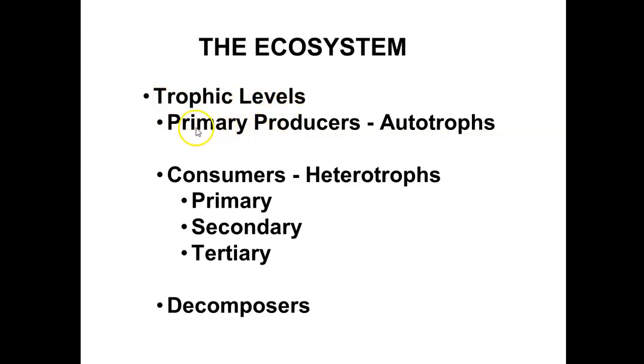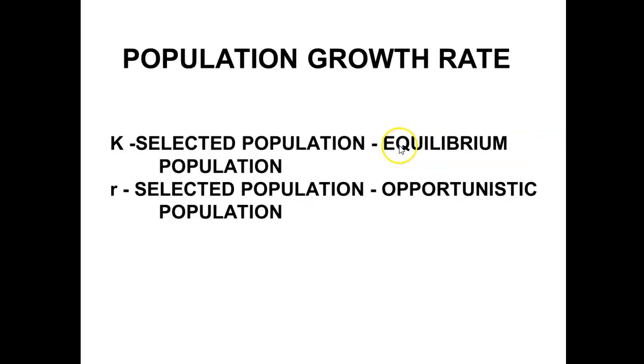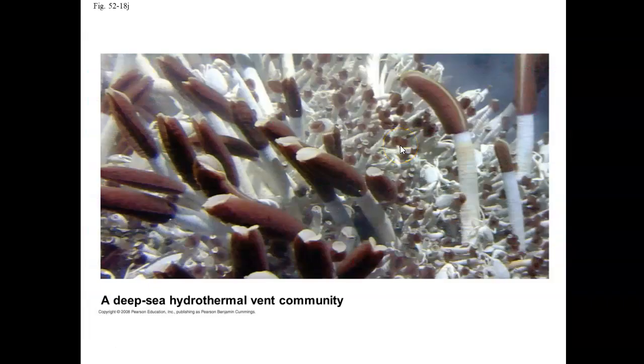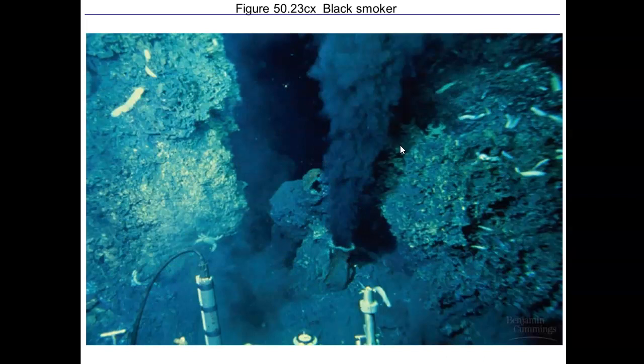So the beginning of every food chain must have an autotroph. And that could be a photoautotroph, things that are photosynthetic, what we're most familiar with. Or it can be chemoautotrophic. Chemoautotrophic. There are autotrophs here, but they don't use sunlight. They use high-powered chemistry.